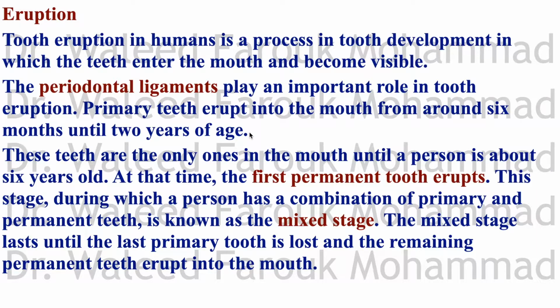Then some of them start to be replaced by permanent teeth. This stage, in which there is a mix of permanent teeth and milk teeth, is called the mixed stage. The mixed stage lasts until the last primary tooth is lost and the remaining permanent teeth erupt into the mouth.